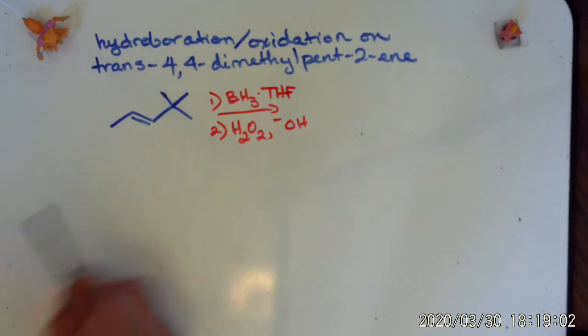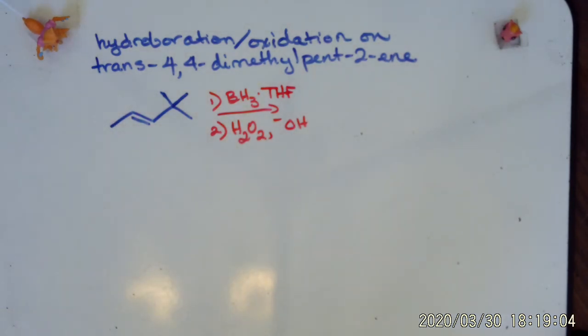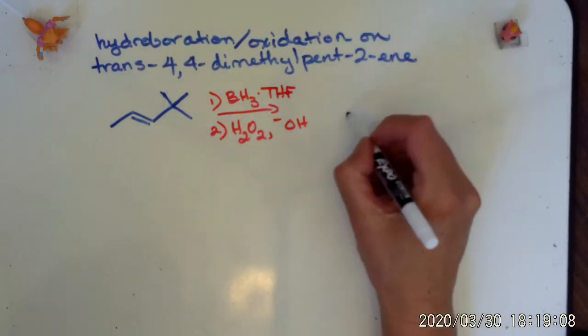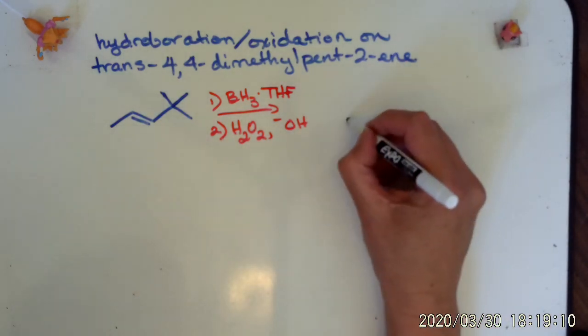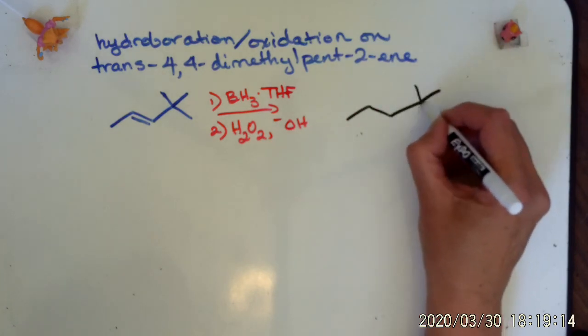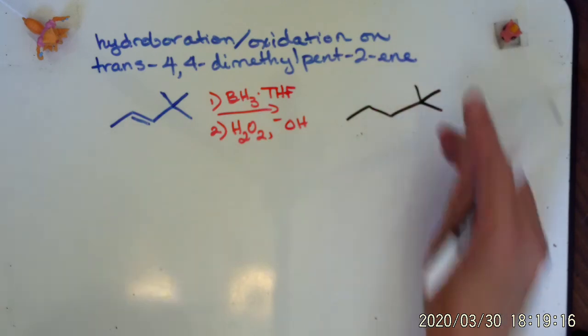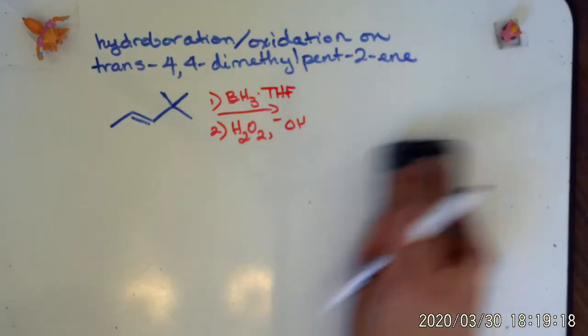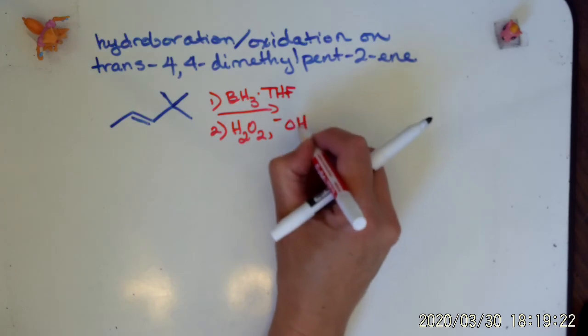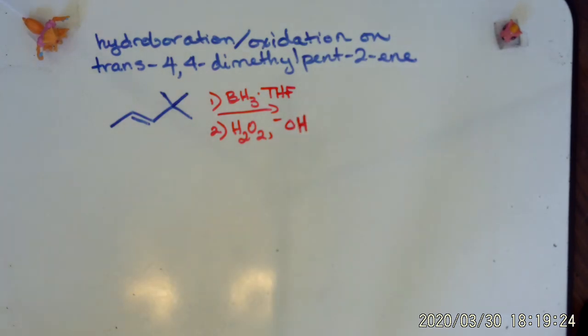This carbon has 1 hydrogen, that carbon has 1 hydrogen. Okay, so let's add the first way. Okay, and it's not going to look very pretty. Let me just tell you, I'm going to draw it. I'm going to rotate it on its side. Okay, so you can see a little better.